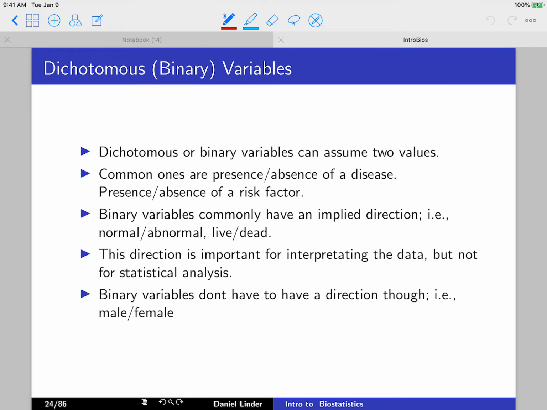The dichotomous or binary variables are some of the most common types of variables that we're going to encounter, and you'll probably encounter them in any of the clinical research that you do. Dichotomous or binary variables are those that can assume two values, and the most common ones come up whenever you're looking at the association between a disease and an exposure.